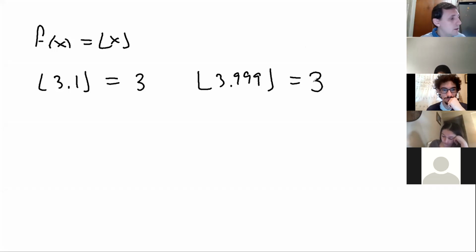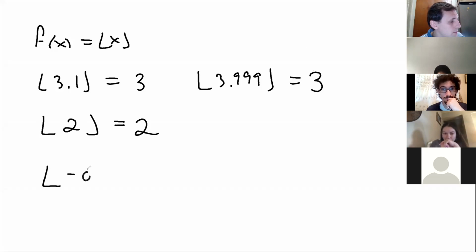Now, of course, naturally, the greatest integer function of 2: you're already standing at the floor, so it will be 2. Tell me, please, what about minus 0.01? What is that going to be? Minus 1. You are at the basement, and there is a floor below the basement, a sub-basement. So you fall down to minus 1.